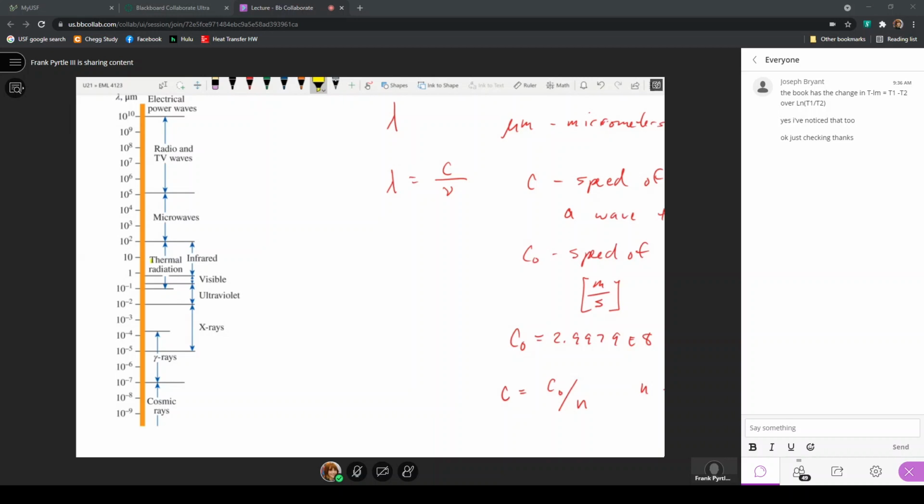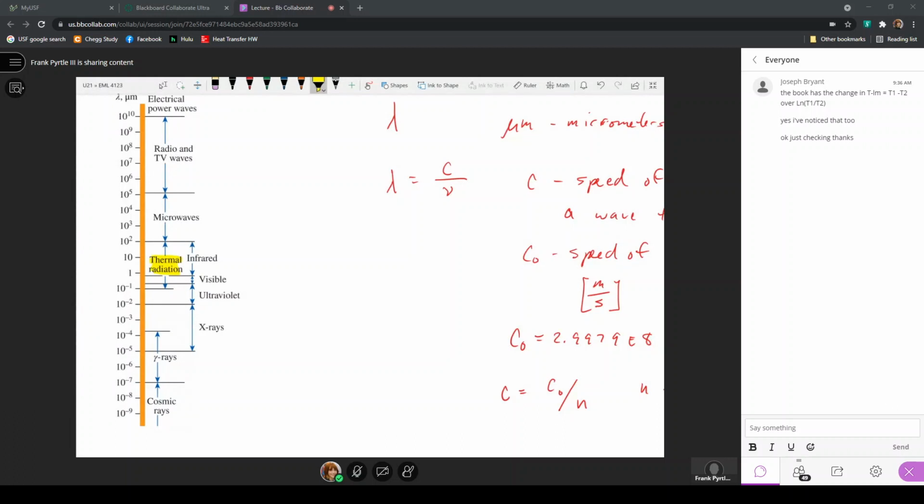Now the thermal radiation range is that range of wavelengths through which we would consider thermal energy to be transported. So basically, when molecules, atoms, and electrons of a given substance absorb or emit that energy, it changes their temperature.